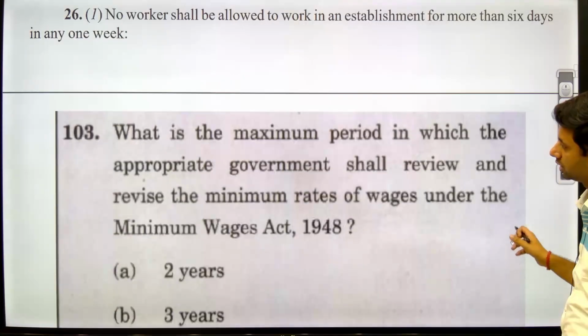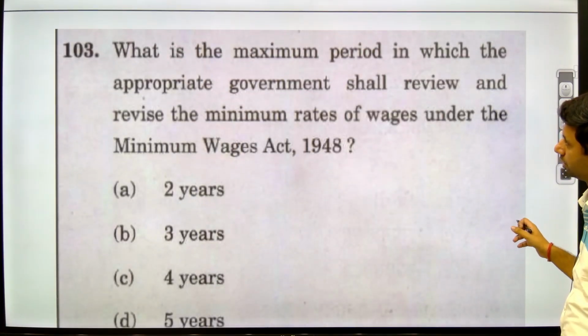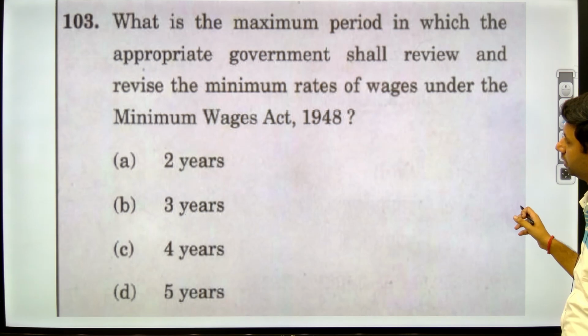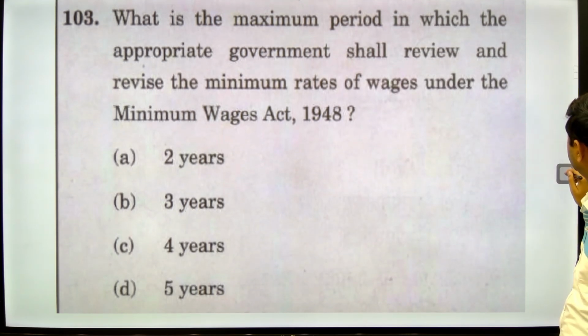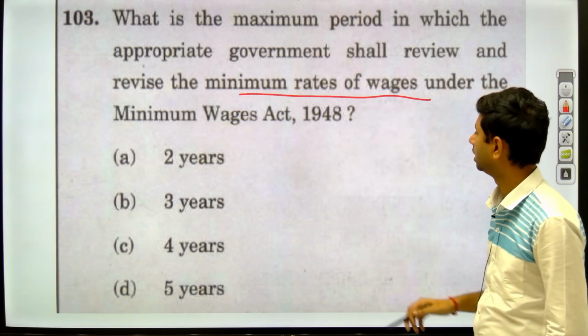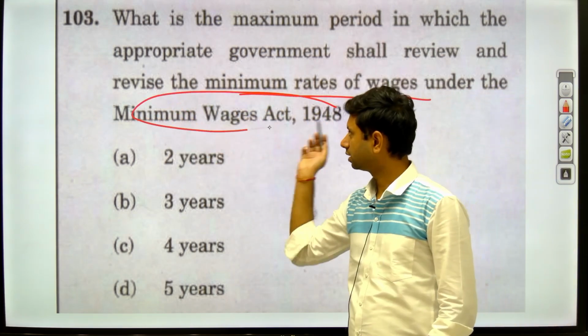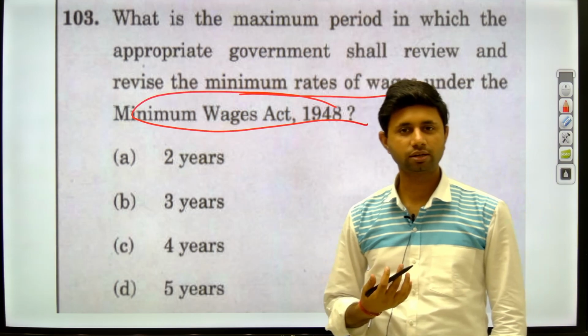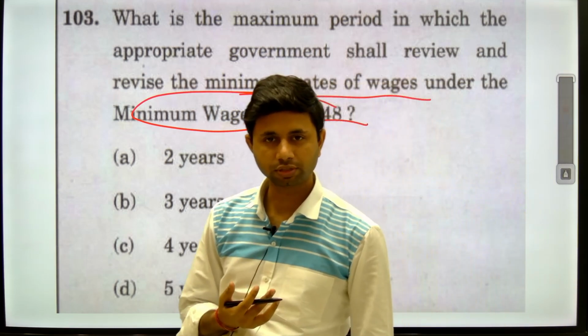So let's move on to the next question, which is what is the maximum period in which the appropriate government shall review and revise the minimum rates of wages under the Minimum Wages Act. So the Minimum Wages Act has been subsumed under the Code on Wages.